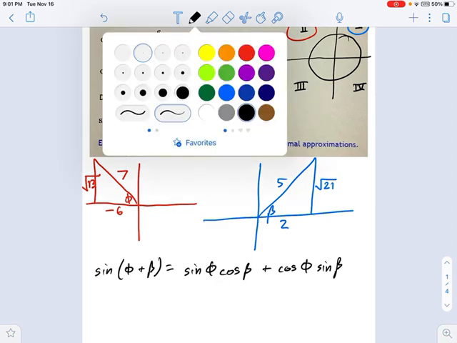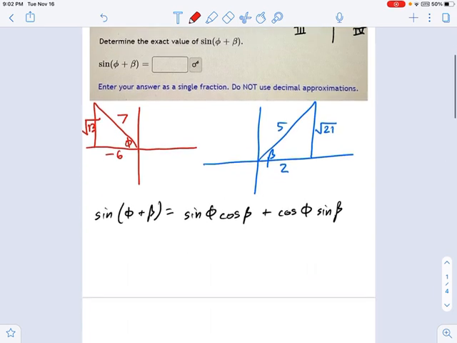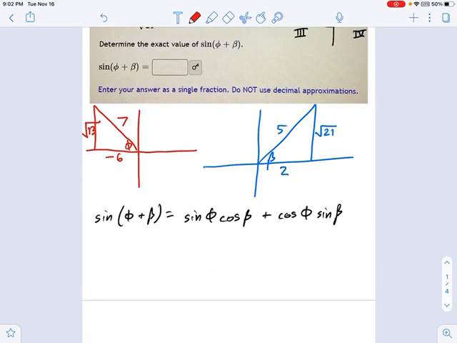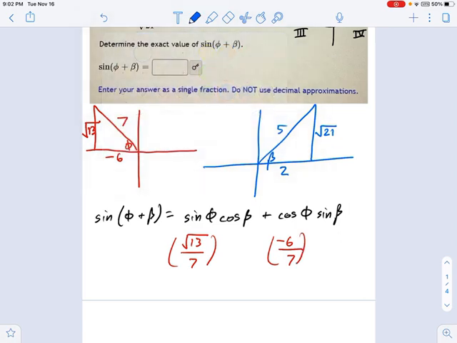Now we use our red and blue pictures here. Our red ink for the phi coordinate plane, and sine of phi is going to be radical 13 over 7. Cosine of phi is going to be negative 6 over 7. And then the beta angle, cosine of that, is going to be 2/5.